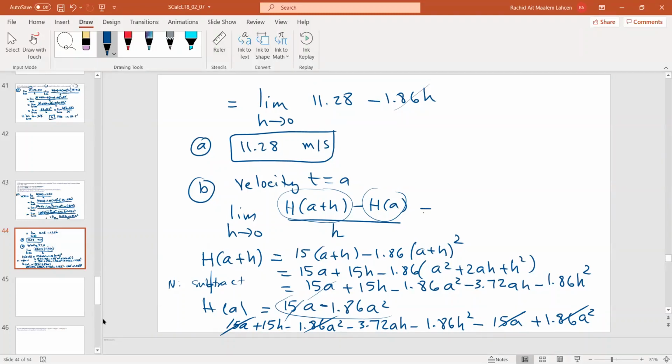So the top part is going to be 15h minus 3.72ah minus 1.86a squared over h, and now the h will simplify, right?